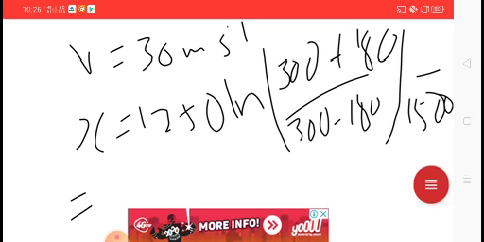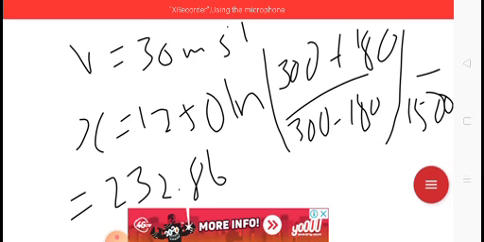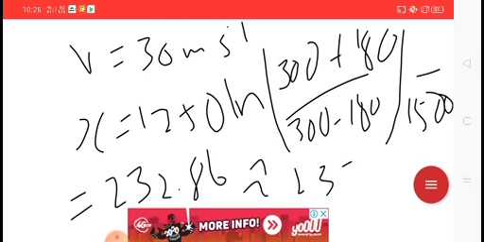So you will get x equal to 232.86, so it is almost 233. So you prove the last part, showing that it takes approximately 233 meters for the vehicle to reach 30 meters per second from rest. So this is for part 3. Hope you can get the answer for question 5.